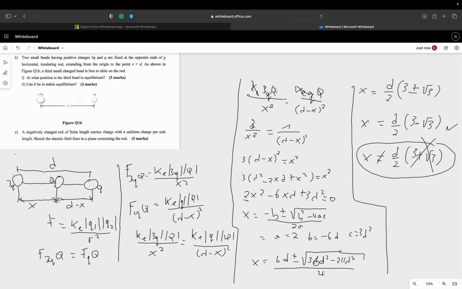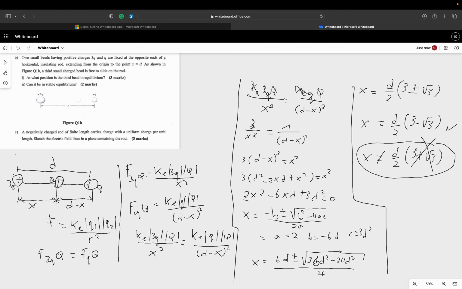Now the next, Roman 2 says, can it be in stable equilibrium? Capital Q can be in stable equilibrium if and only if it is positively charged. Why? Because if you can notice, 3Q is a positive charge, and small q here is a positive charge.